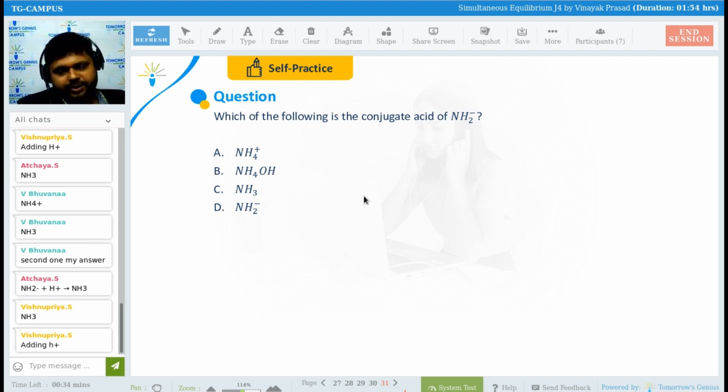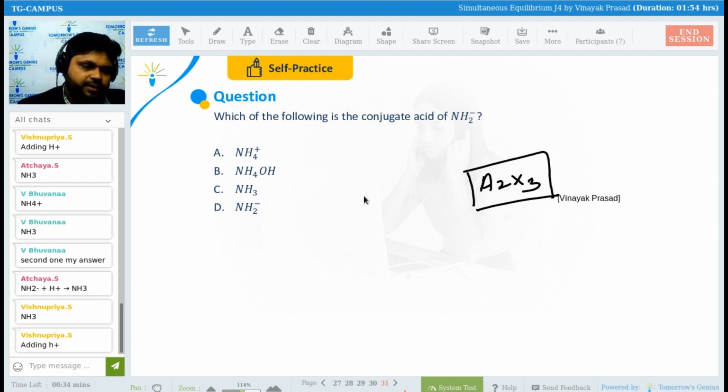Please write this question. I am going to dictate it to you. The question is: Calculate the solubility of A2X3 in pure water, assuming that neither kind of ion reacts with water.